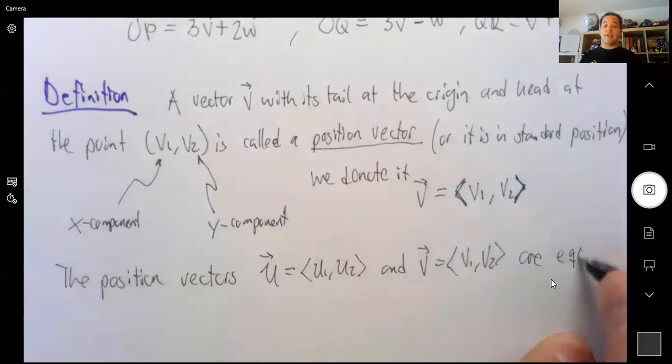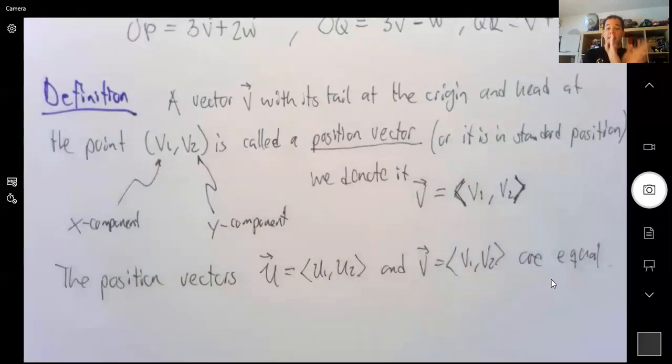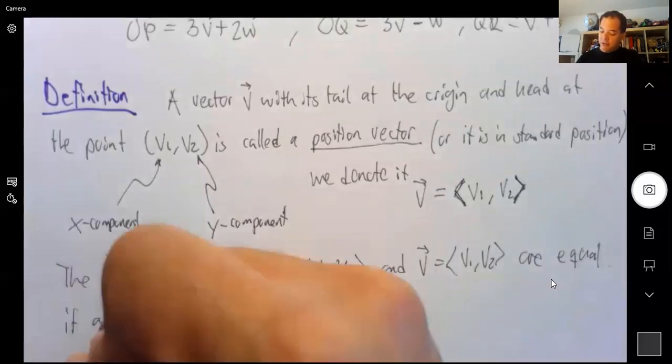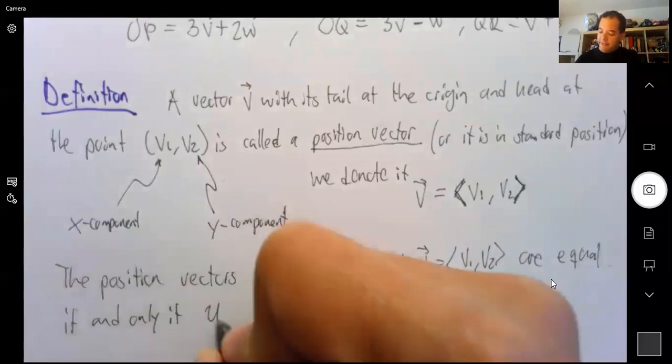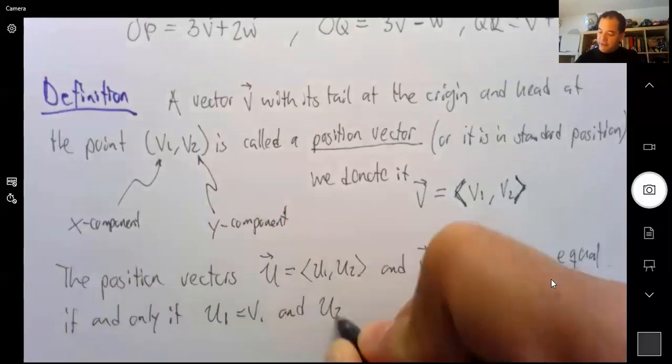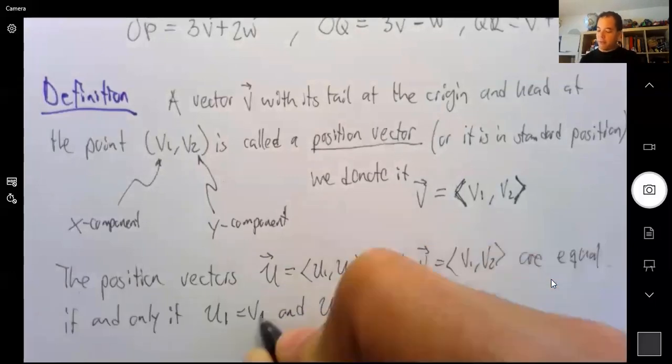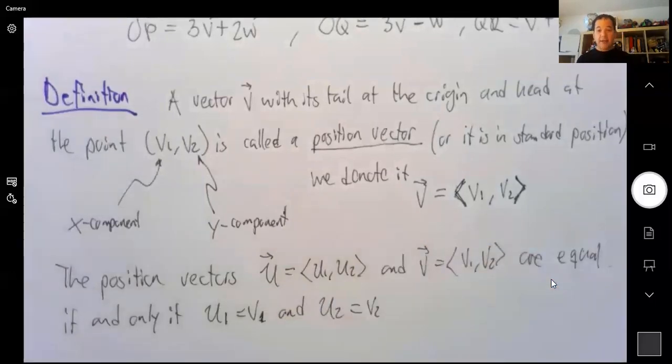So once you decide that the tails are the same, that they start at the same point, then the two vectors are equal if and only if they have the same head, if and only if U1 equals V1 and U2 equals V2. So their X component and their Y component have to be the same, otherwise it doesn't work.